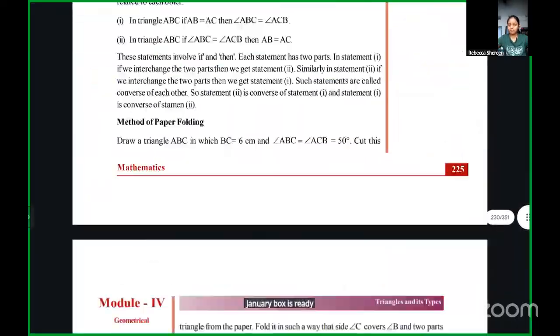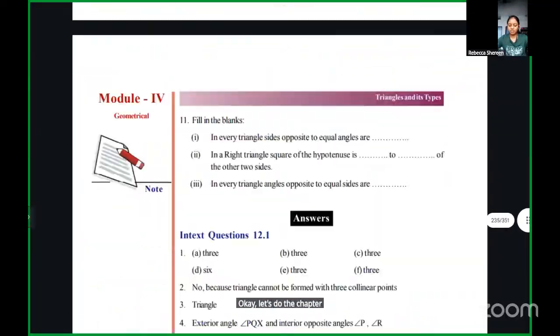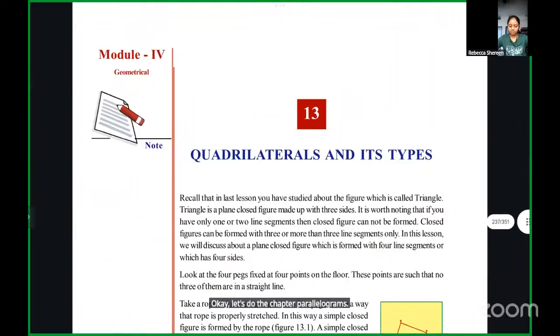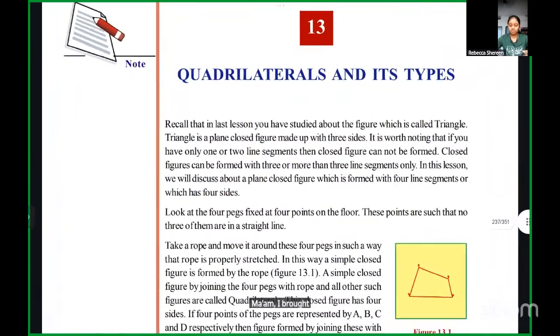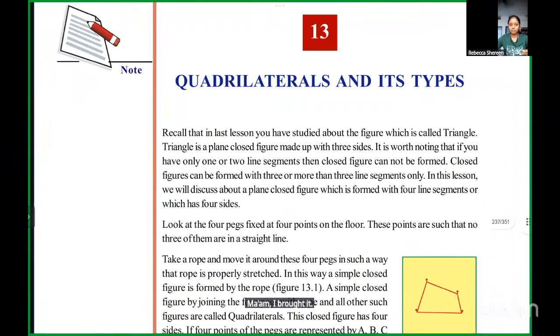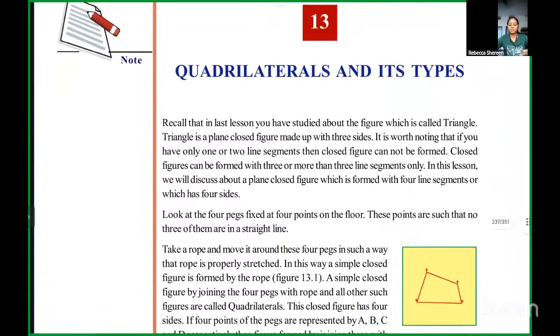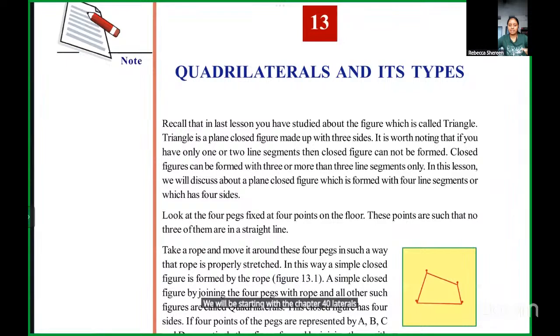Okay, let's do the chapter parallelograms. Oh, sorry, quadrilaterals. Ma'am, I brought it. Okay. We will be starting with the chapter quadrilaterals. Lesson 13 today.